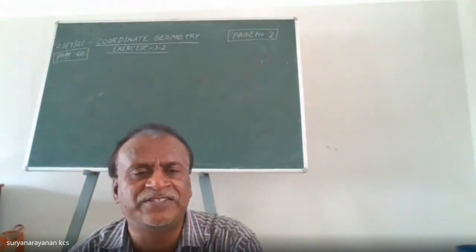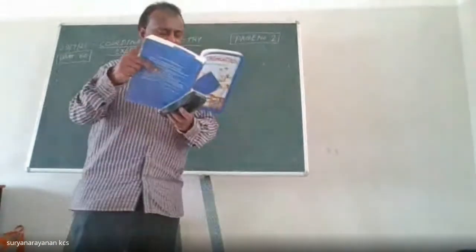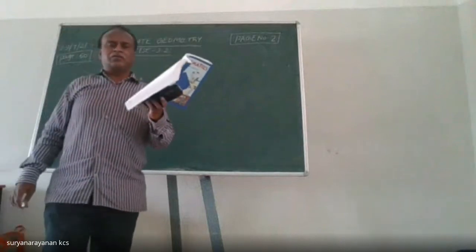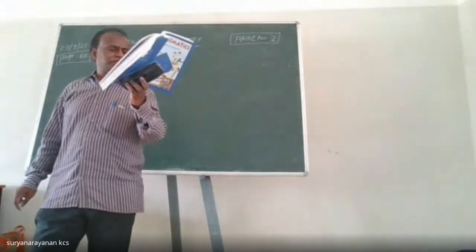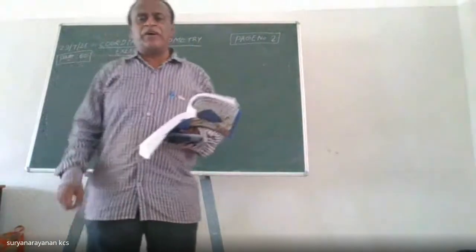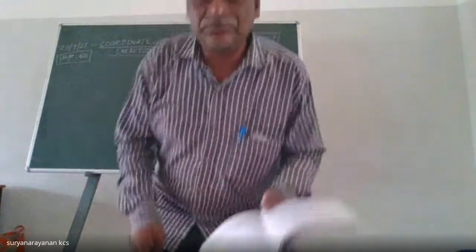See exercise 3.2. These are all one-word answers. Write the answer of each of the following questions. See the first question. Who will read question number 1?